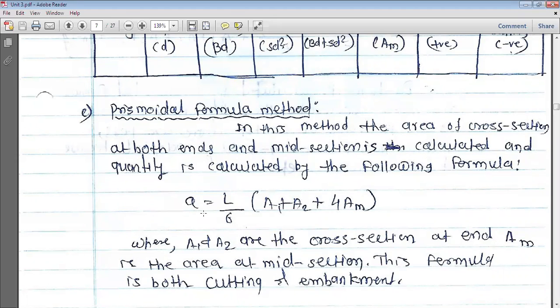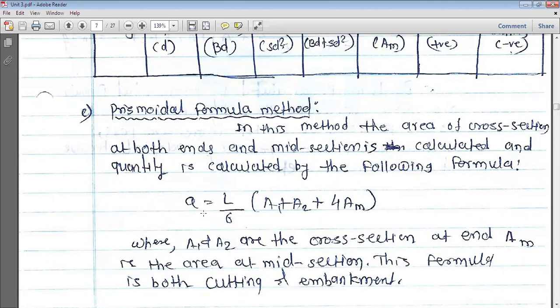Directly we have to use this empirical formula, where A1 and A2 are the cross sections at the ends, that is the triangular portion, and AM is the area at the midsection.